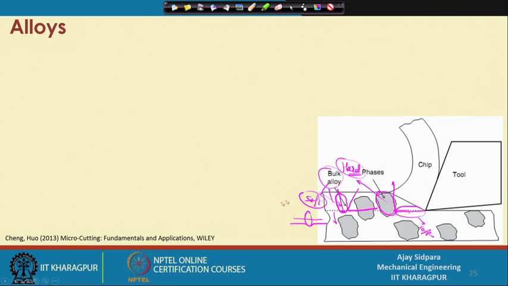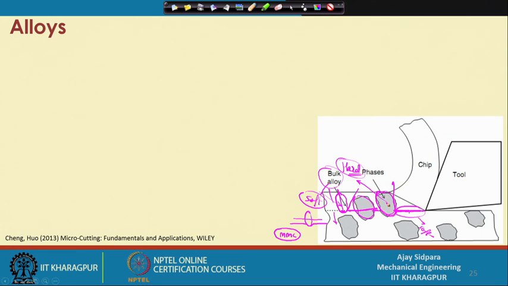This will many times happen in the metal matrix composite, shortly called MMC, where you are putting some type of metals in terms of small grains or something like that. This is also considered as an alloy. Here the force variation is very large, because initially you are cutting in a soft zone, suddenly hard material comes into the way, then again soft material, then hard material.